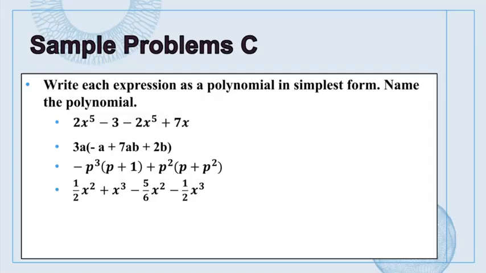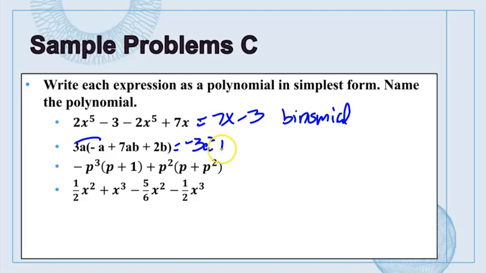Next, we want to write each expression as a polynomial in simplest form and then name the polynomial. So here I have 2x to the 5th minus 2x to the 5th, so I don't have any x to the 5ths. All I have left is a 7x minus 3, so that's 2 terms. So this is a binomial. Next, if I distribute, that's going to give us a negative 3a squared plus 21a squared b plus 6ab.